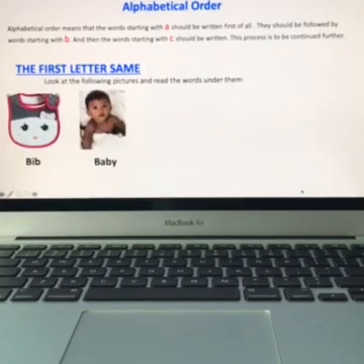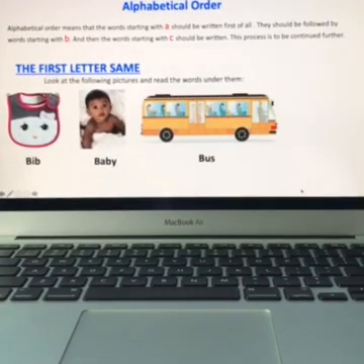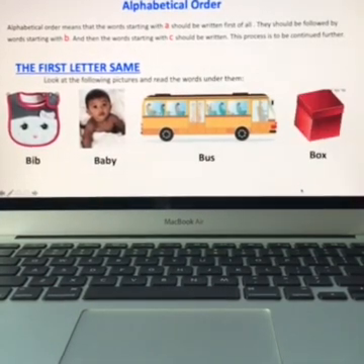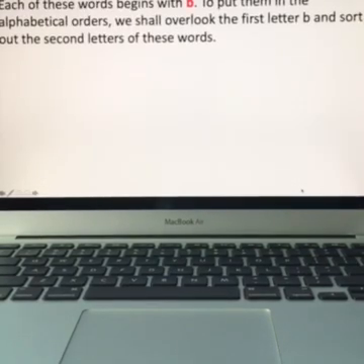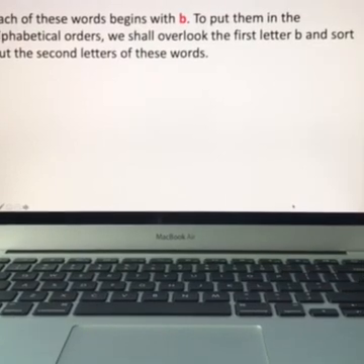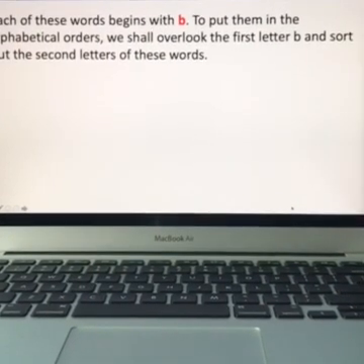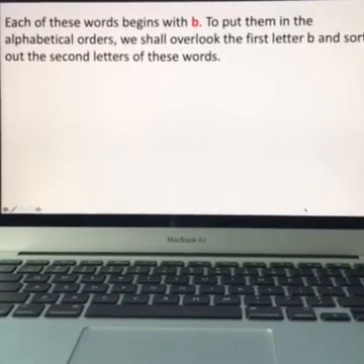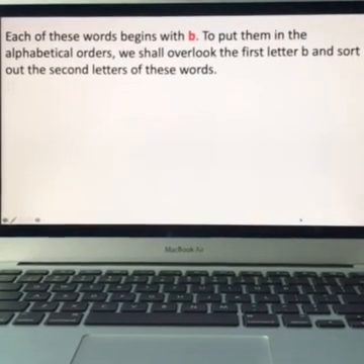Bib, baby, bus, box. Each of these words begins with B. To put them in the alphabetical orders, we shall overlook the first letter B and sort out the second letters of these words.